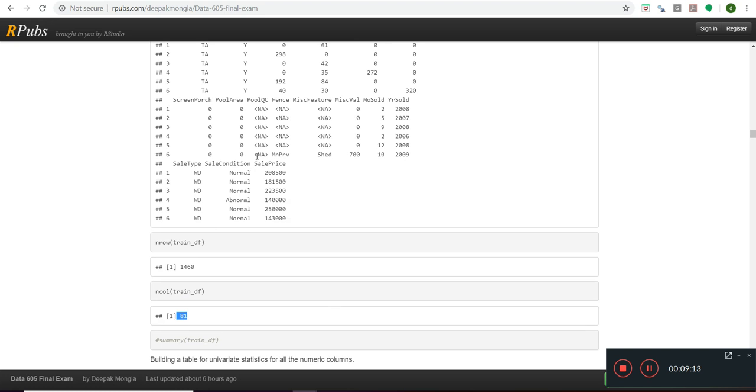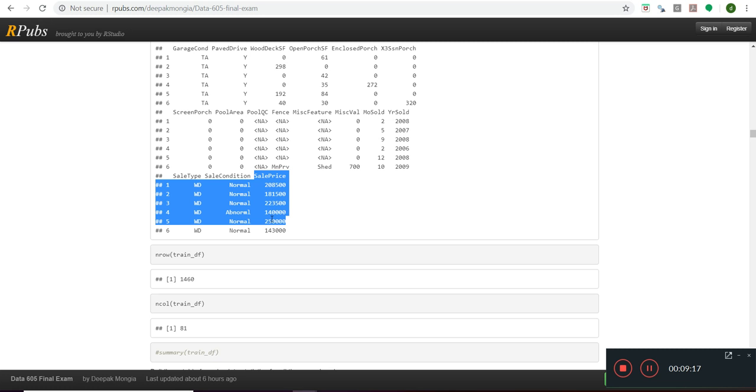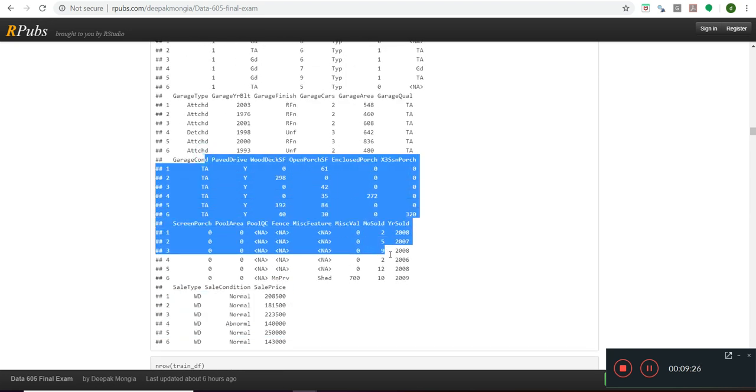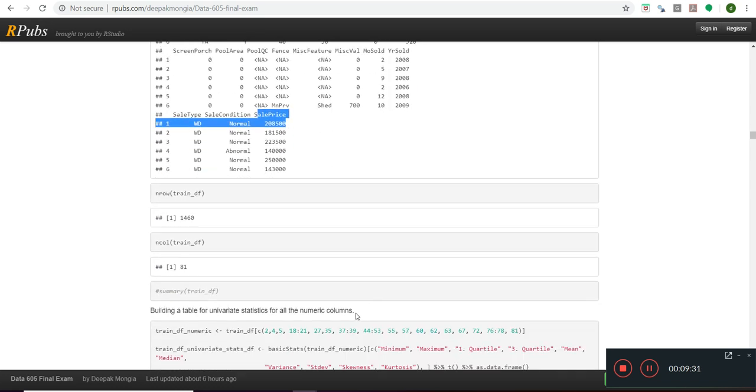Our response variable here is the sale price, and all the other 80 variables are independent variables which we'll be using to determine how many of these we should use in our regression model to predict the sale price.